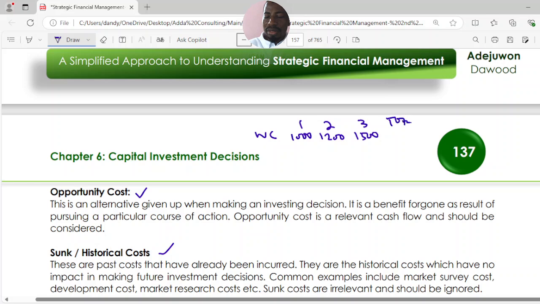Okay, let's say this is the total. I need to calculate incremental working capital.